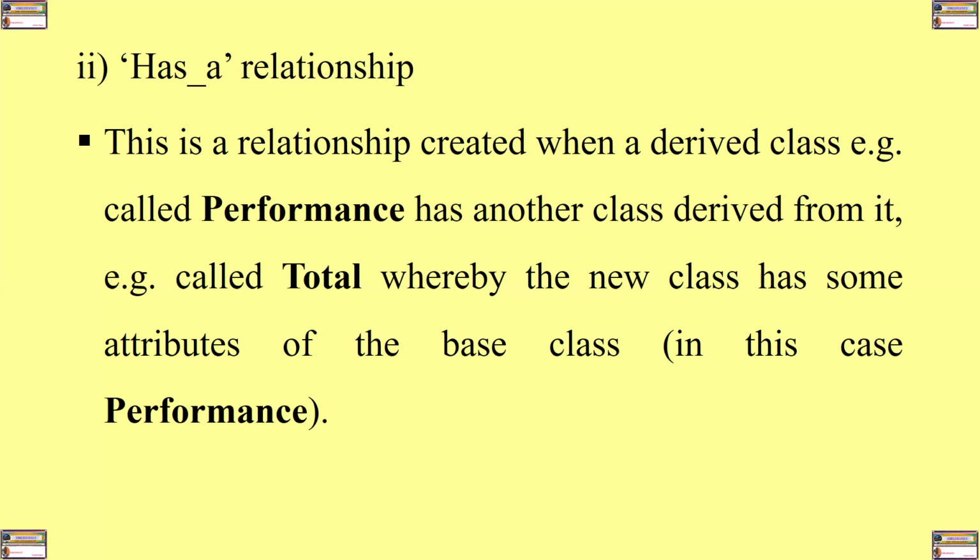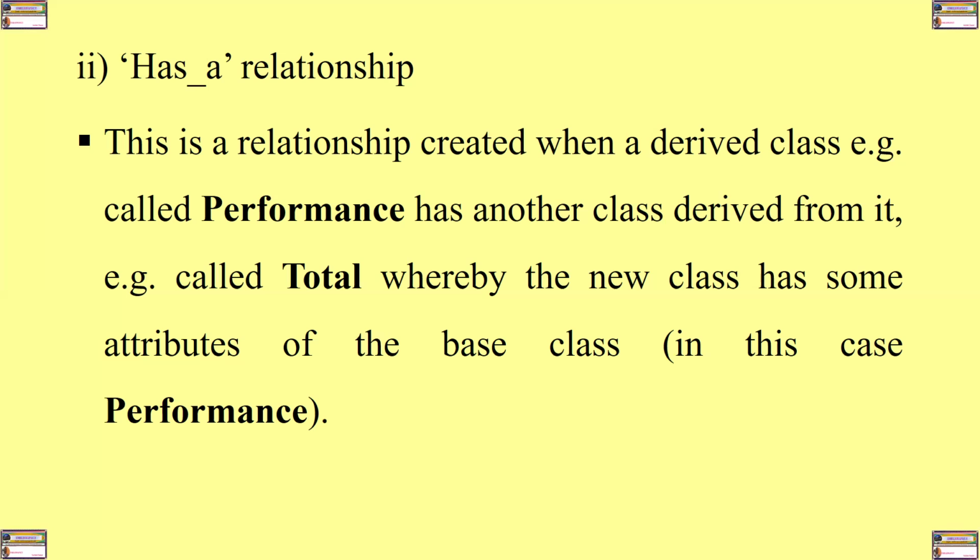And therefore, if we have a new class called total, and it has some attributes of the class called performance, then we can say that there's a relationship between total and performance. And this relationship is what we are calling has-a relationship.